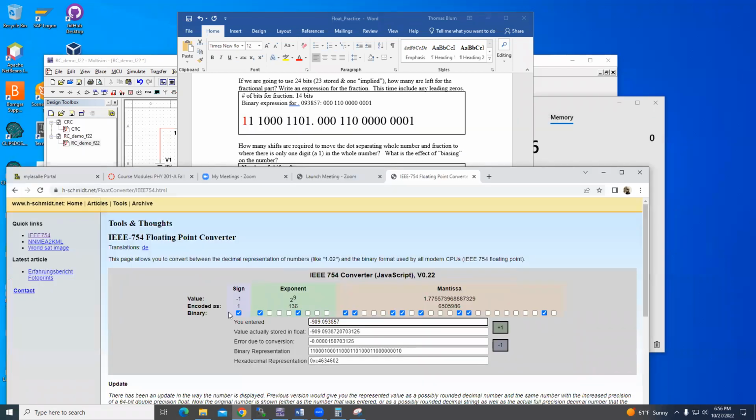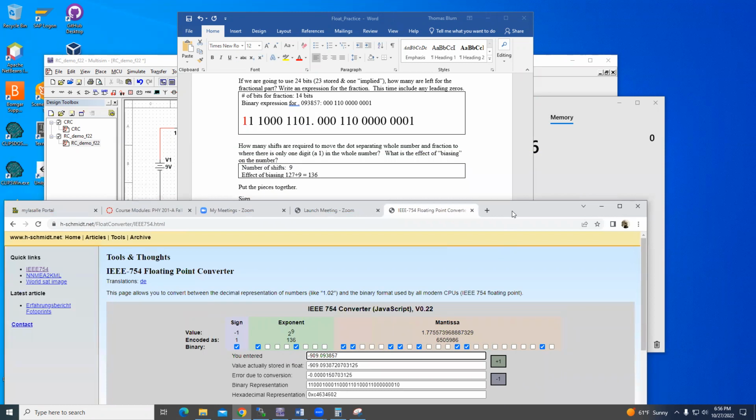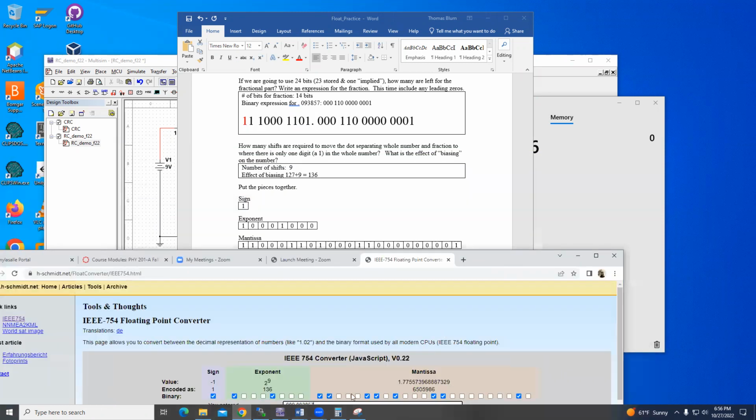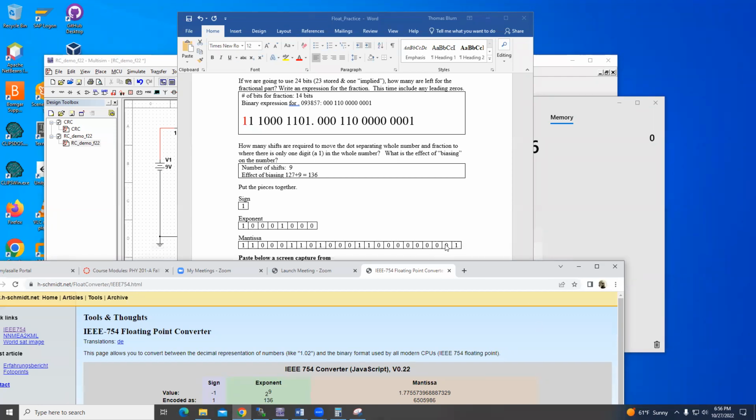So I put in the number and I got for the sign bit, of course, the 1, then 100 100, then for the mantissa 1 1 0 0 1 1 0 1 000 1 1. Oh, I seem to be off on the end. I seem to be off here somehow on that very last bit. So something I did wrong. Maybe that rounding thing, maybe they round and I truncate or something.